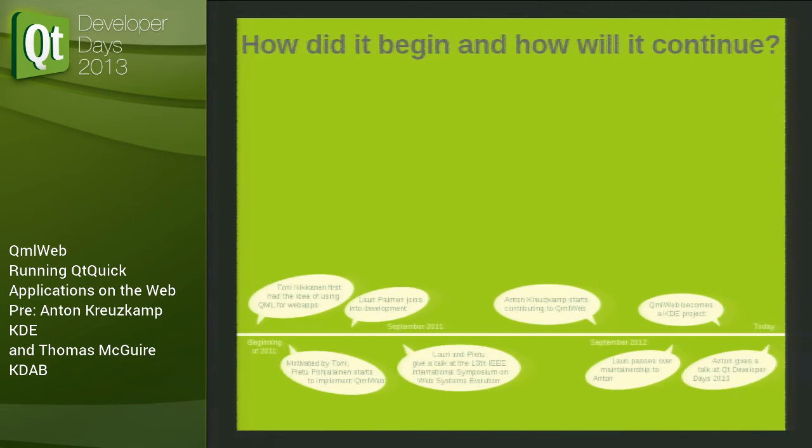In September 2011, Laurie and Pietu held a presentation at the 30th IEEE International Symposium on Web Systems Evolution. It's a conference all about how the web will continue. At that stage, they already showed a first working draft of QML Web and a first proof of concept.